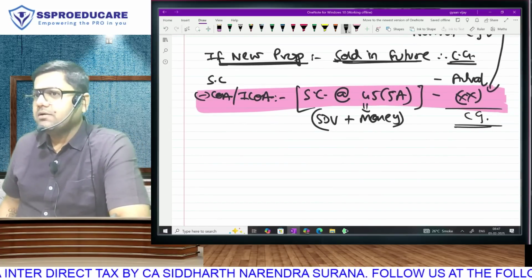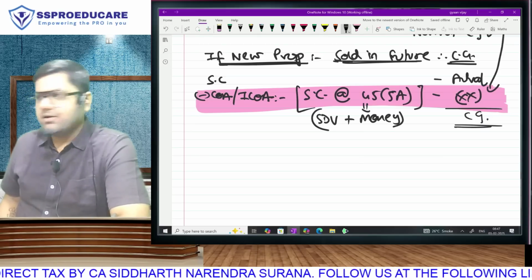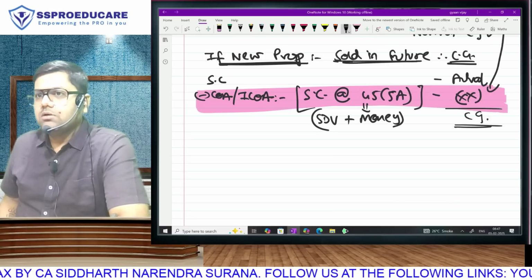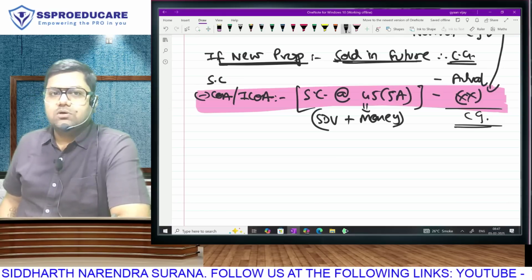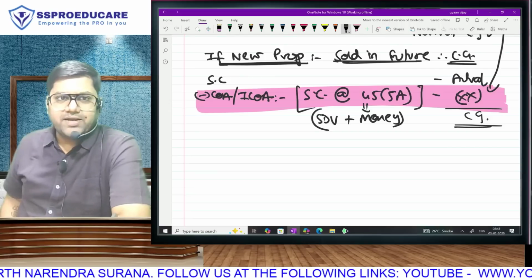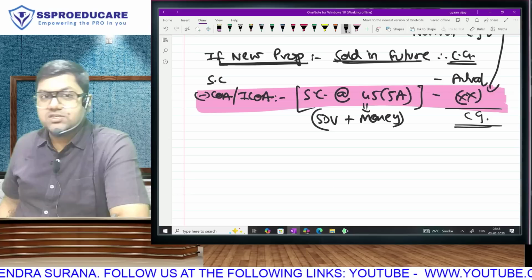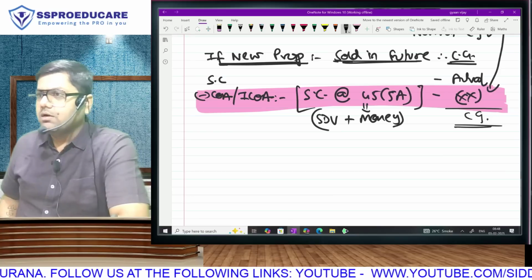That was your concept of joint development agreement. Redevelopment: you give your old property, and against that you get your new property. What is going to be your sale consideration? Stamp duty value plus monetary consideration. This will be taxable in the year of CC if you wait for CC. If you don't wait for CC and get money in advance earlier, then the normal capital gain will be taxable.